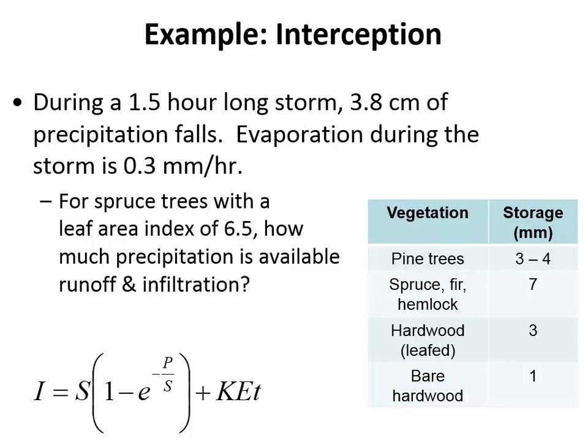Rainfall excess is rainfall minus abstractions, minus interception, minus infiltration, where interception is one of the abstractions we're talking about.